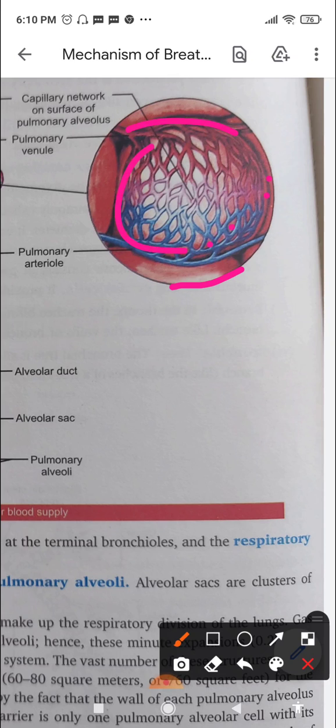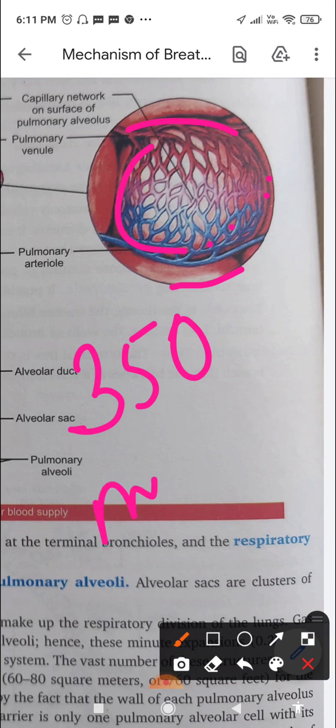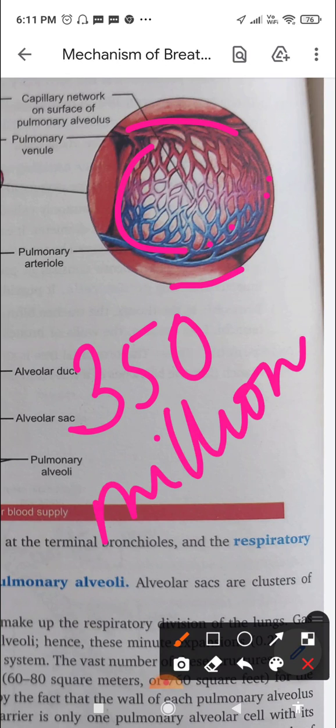These minute expansions, what are they? The tiny pulmonary alveoli, the many that are present inside, are the functional units of the respiratory system, and they are huge in number. There are around 350 million alveoli present in each lung.